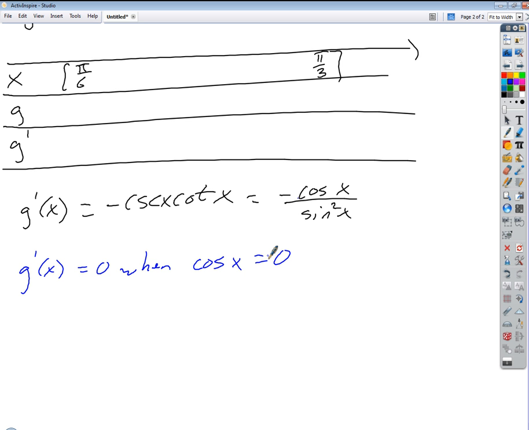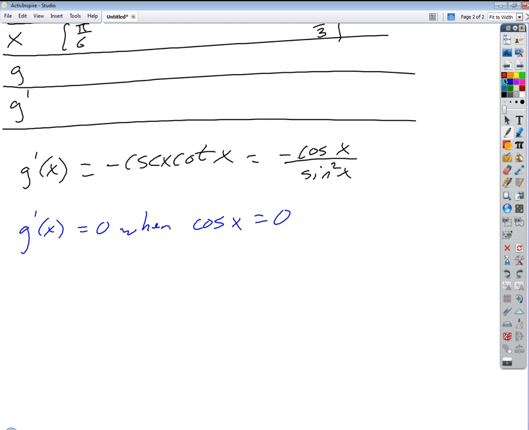G prime of x is undefined when sine squared x equals 0.